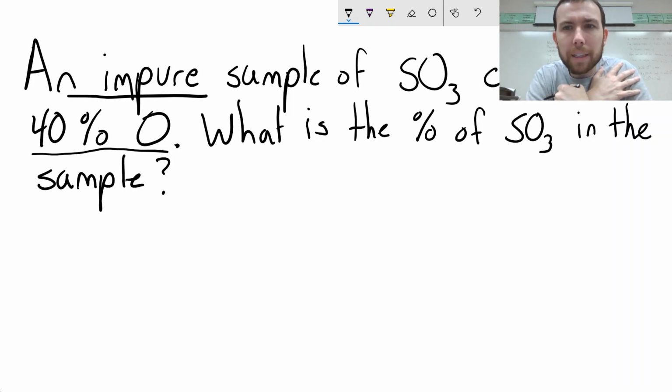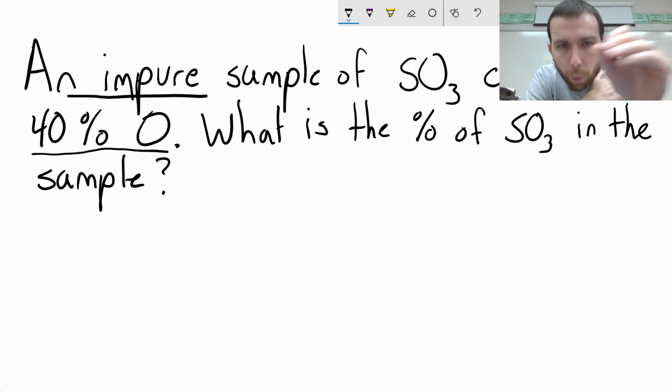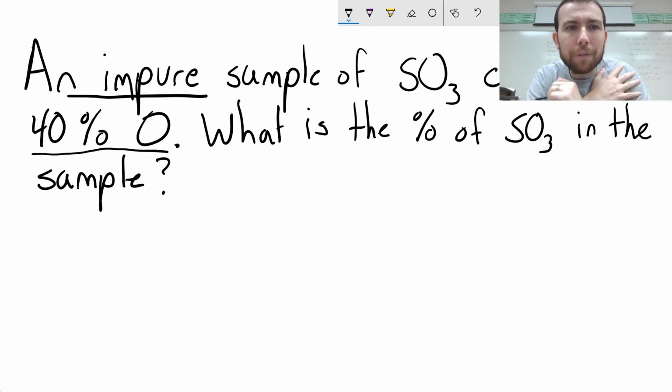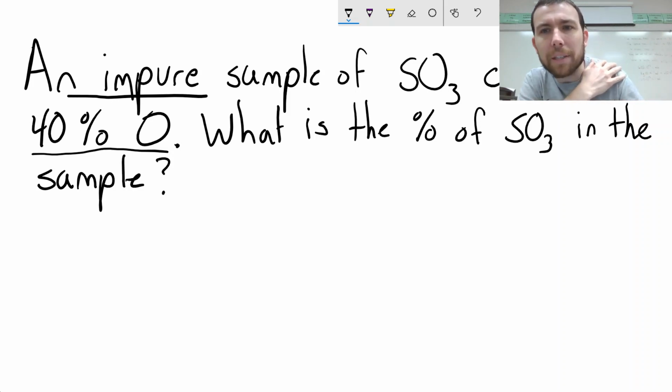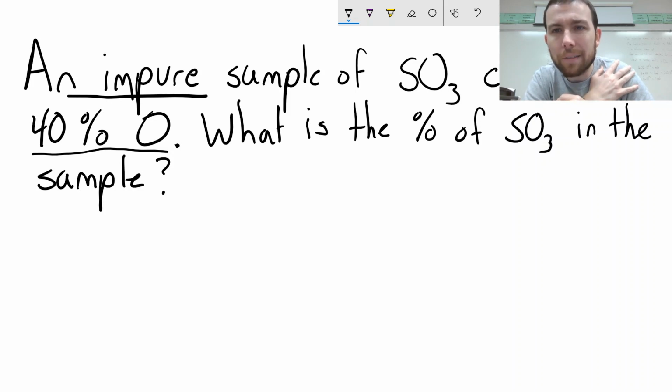Now, ultimately, they want to know the percent of SO3 in this sample. And so in order to solve this, my first task is going to be determining the percent oxygen in SO3.